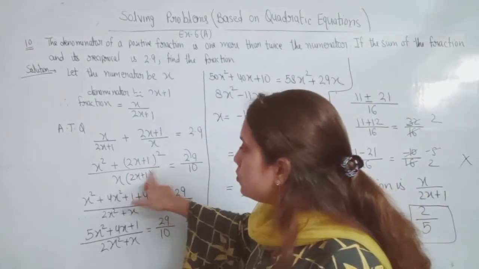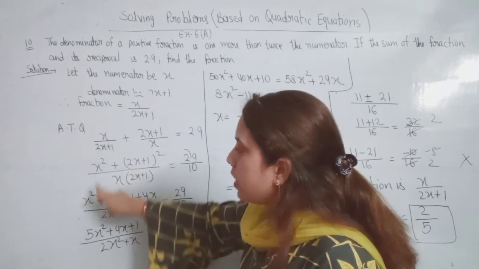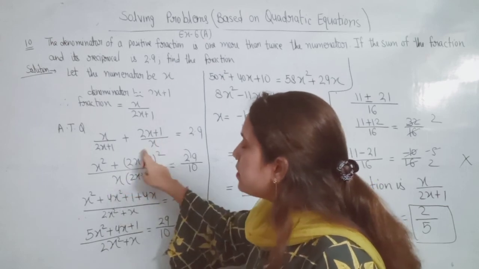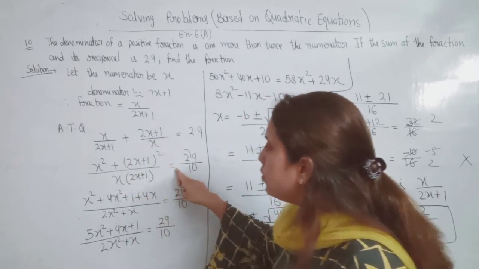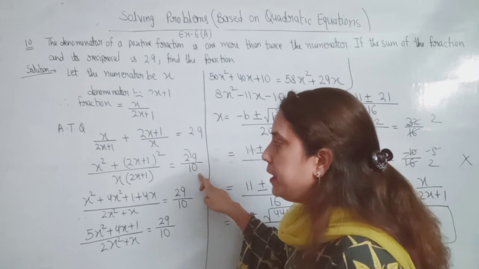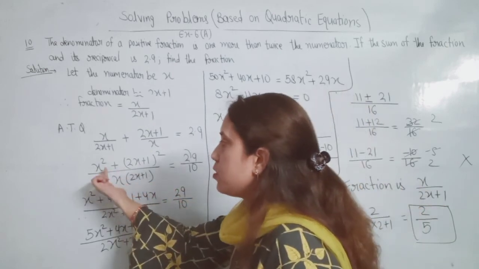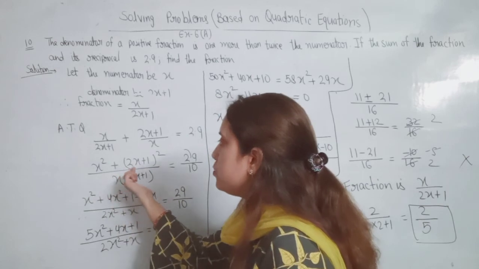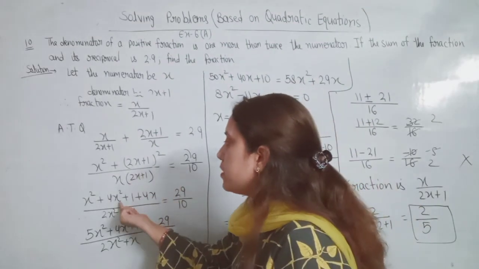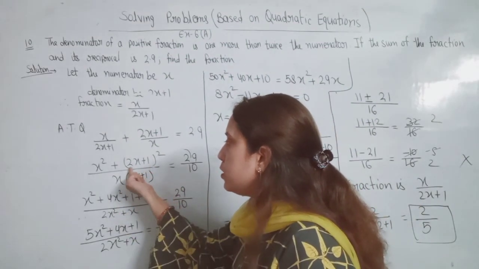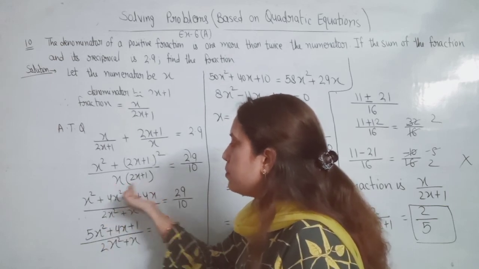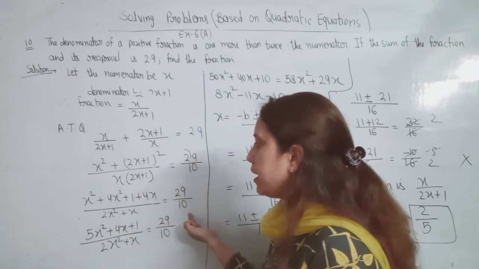When we solve it, x square plus (2x plus 1) whole square upon x into 2x plus 1 is equal to, removing the decimal, 29 upon 10. Using (a plus b) whole square formula, it comes 4x square plus 1 plus 2 into 2x, that is 4x, upon 2x square plus x, is equal to 29 by 10.